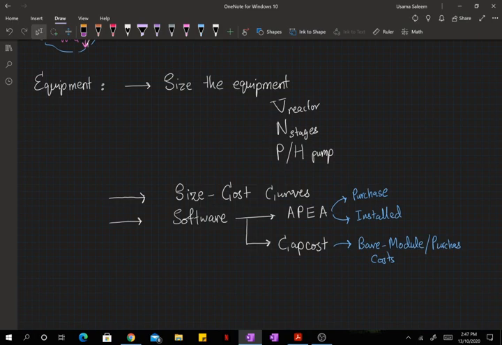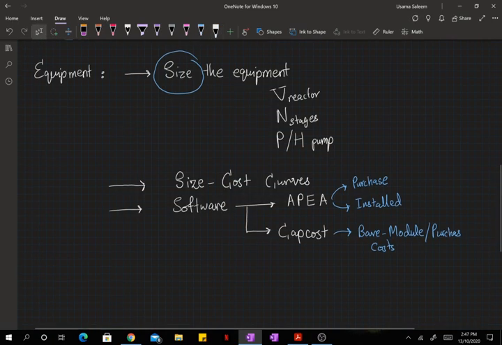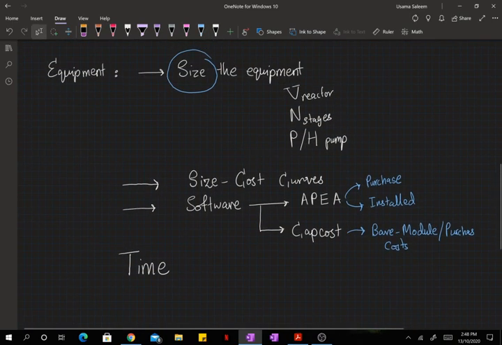There's one key variable that we've omitted so far in our discussion of the equipment cost. We've been talking about size. Another important variable is time. We've been talking about time value of money in the previous videos. As time goes on, things get more expensive, your purchasing power gets smaller and smaller. So we need some method to account for that.